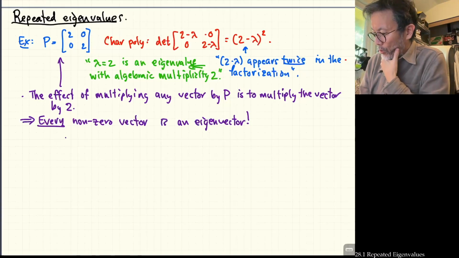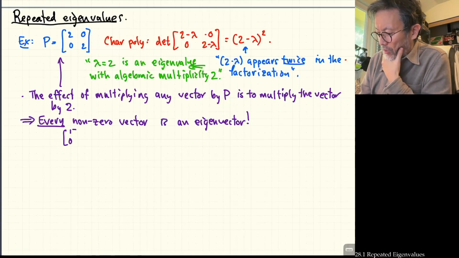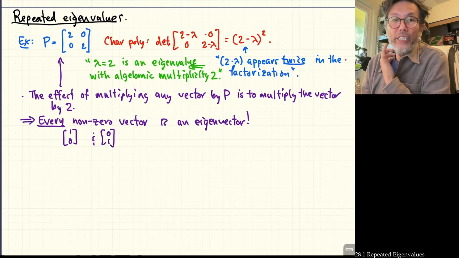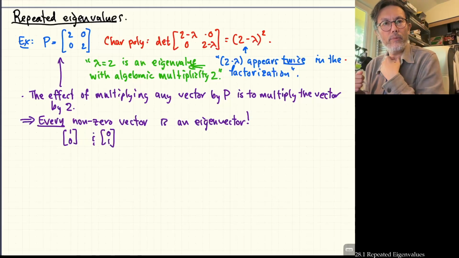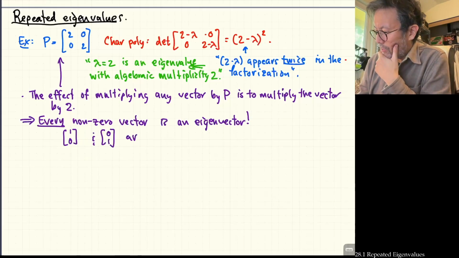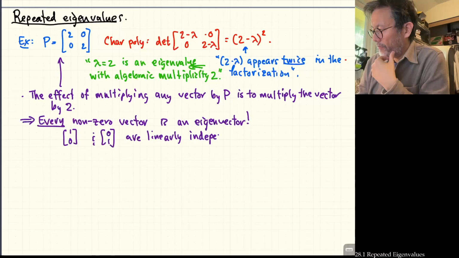Here's 2 linearly independent eigenvectors, 1, 0, and 0, 1. They're obviously linearly independent because they're not scalar multiples of one another.